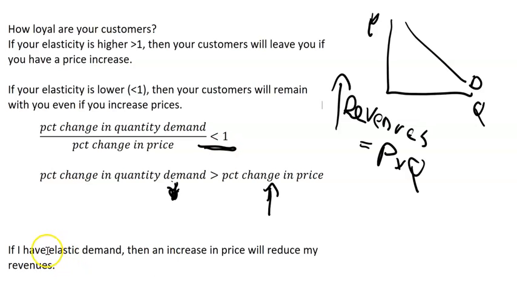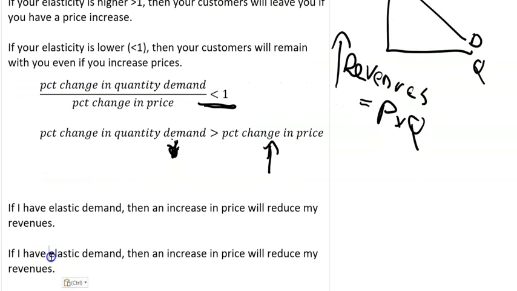So if I have inelastic demand, then an increase in price will actually increase my revenues. So if I'm a seller of a product, I would really like to know what my elasticity is, because it helps me to understand whether changes in the price of my product will help me earn more revenues or less revenues.